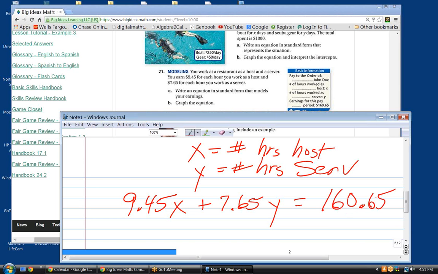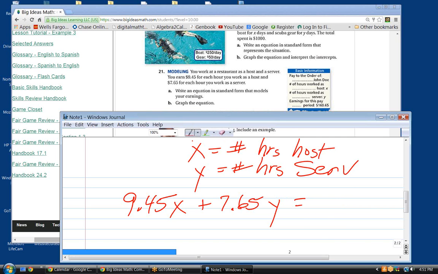Or equals your total pay. In other words, if they hadn't told us that the total pay was 160, then this would have been a variable that depends on x and y. Notice that we're no longer talking linear if we're talking that. For something to be a linear equation, it's got to have an x and a y precisely. If all of a sudden I enter a z here, which is your total earnings, then it's no longer a linear equation.